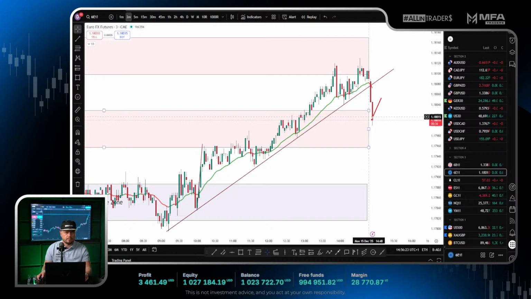So I'm looking for pullback and bearish candle, 3 minutes time frame.